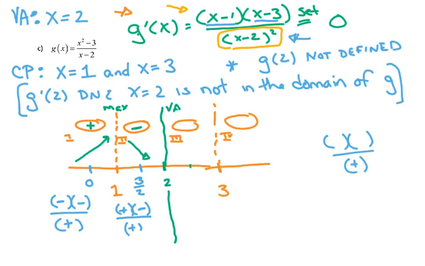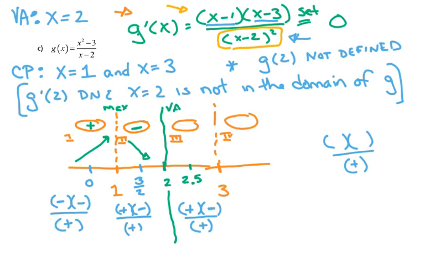Now, pick a number in this third test interval, like maybe 2.5. Sometimes decimals are easier to work with. We know the denominator is going to be positive. The first factor of the numerator is positive.